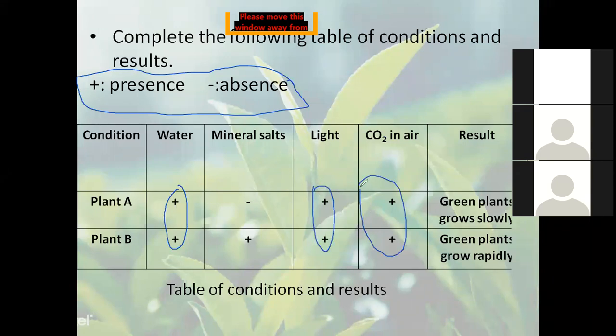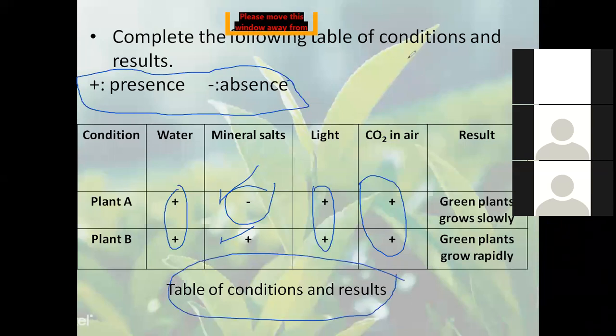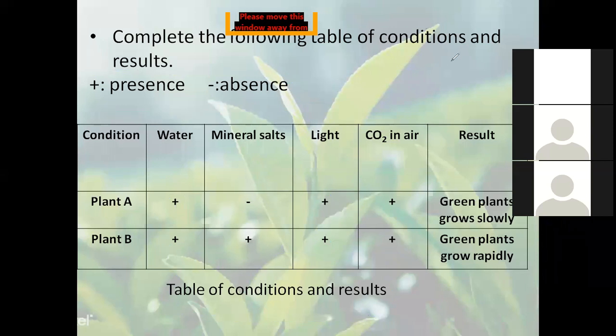These are the four factors. But the variable is that plant A lacks the minerals, so no minerals, while plant B has minerals. So plant A grows slowly since we don't have minerals, while plant B grows rapidly. And don't forget the title of the table: table of conditions and results.